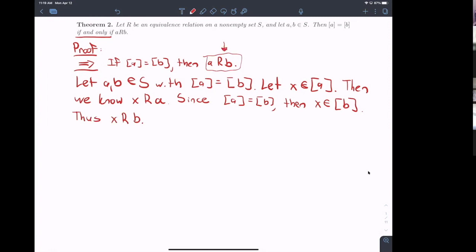So what we know is R is an equivalence relation. We've got this fact over here, and we have this fact over here. We want to try and prove this. Any thoughts on how we can connect these pieces?